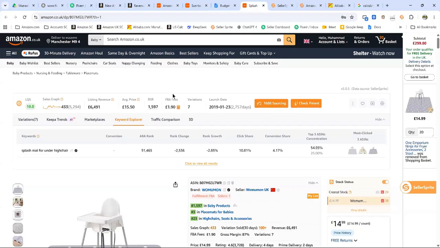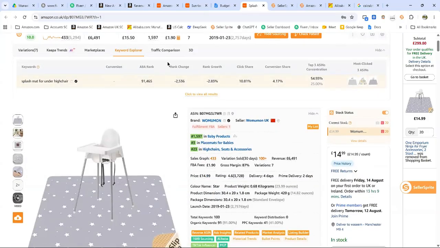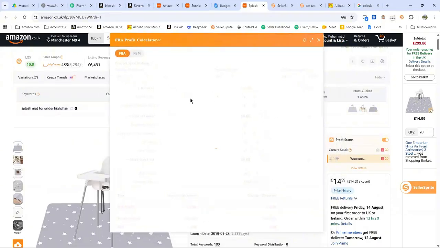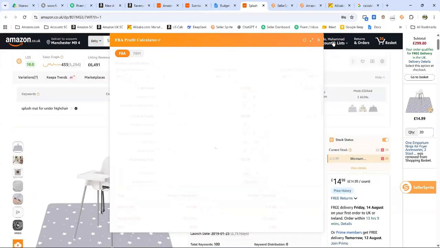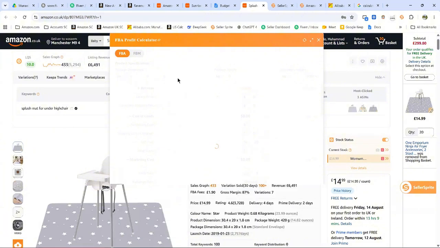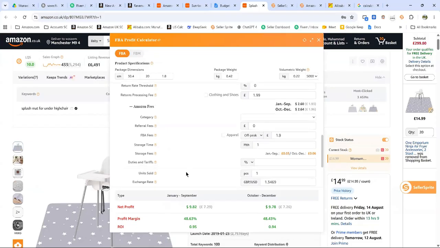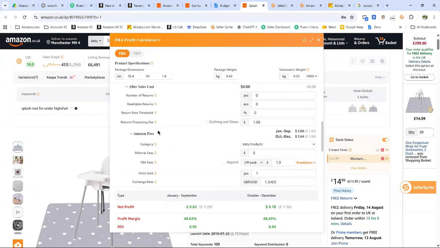The FBA fee for this product is 1.9. Let's see if it's so in this listing, let's use the FBA profit calculator. Load up, please. Yeah, let's check the FBA fee.